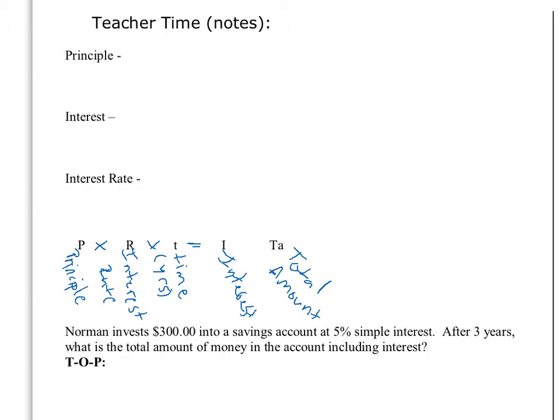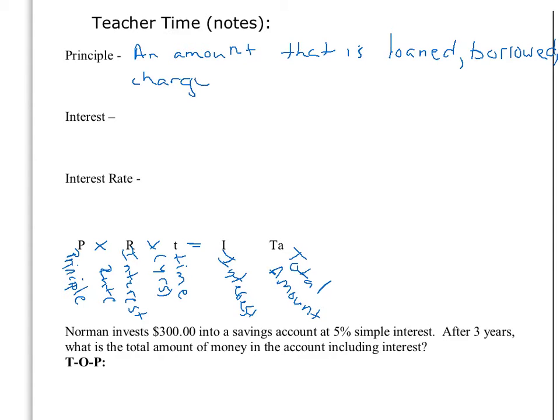So principal, we're going to write our definition here, is an amount that is loaned, borrowed, charged on a credit card, or invested.